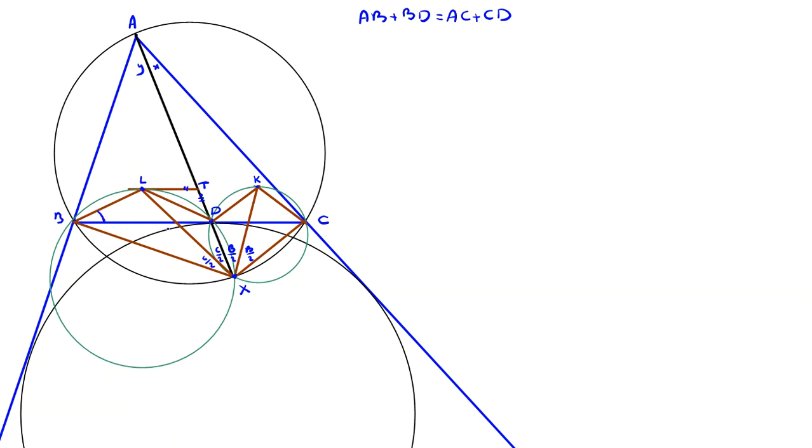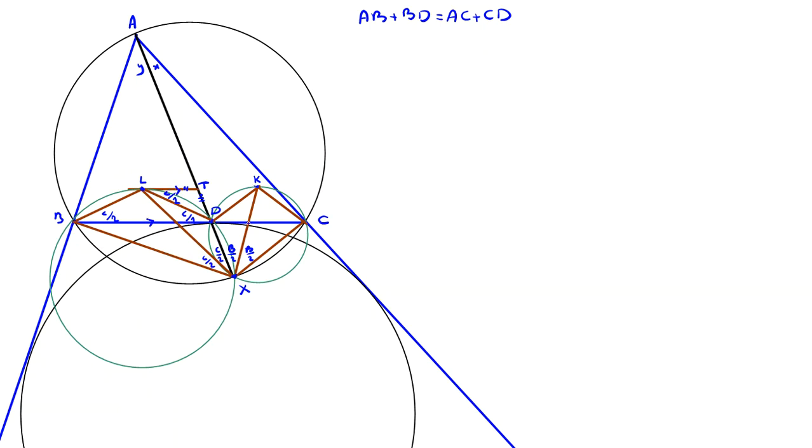Now, because this one and this one see the same arc, this one is also C over 2. This one and this one see the same arc, so this one would be C over 2. Also because this is tangent, it equals half of this arc, so this one also equals C over 2. So we conclude that this is parallel to BC.